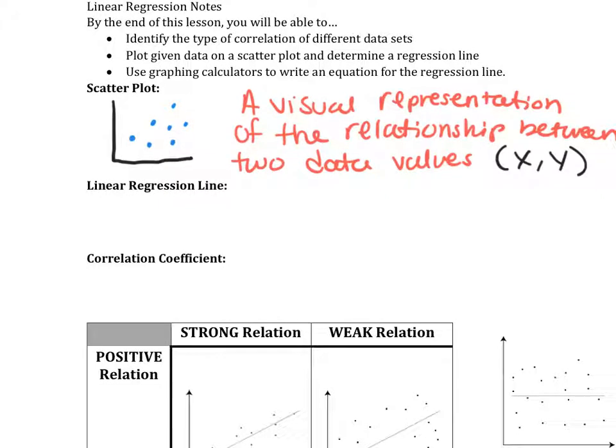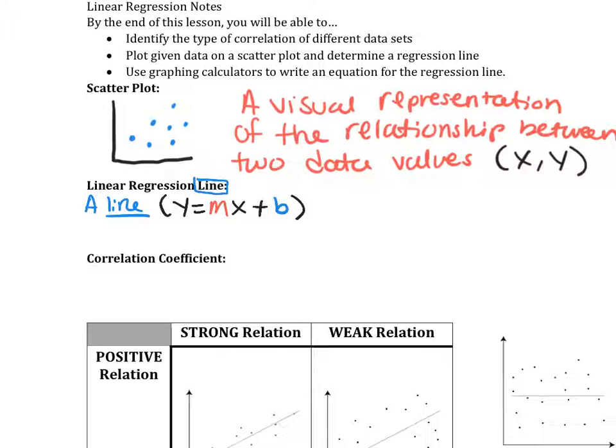All right. So with this scatter plot, we can use what's called a linear regression line to kind of define this relationship algebraically instead of just visually. So a linear regression line, as the name suggests, is a line. So we have y equals mx plus b.